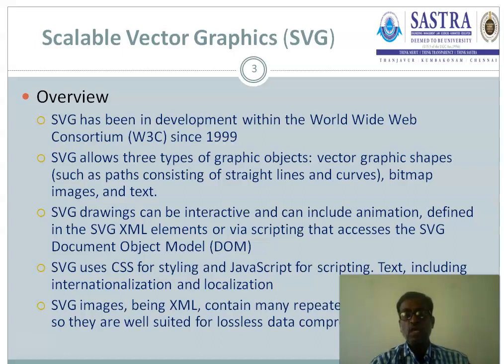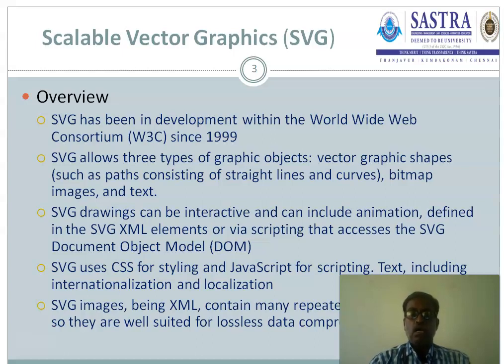The SVG Document Object Model, DOM, is also used for accessing the content. SVG uses CSS styling. Most graphical rendering formats use CSS1, CSS2, CSS3 and so on, because CSS is supported by all browsers.